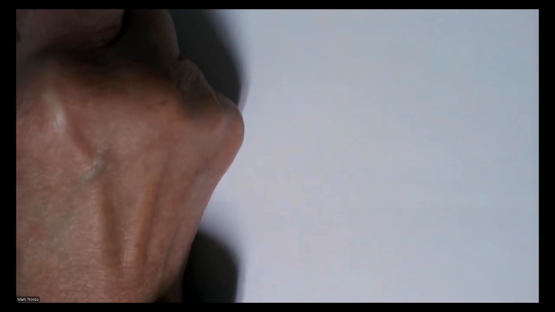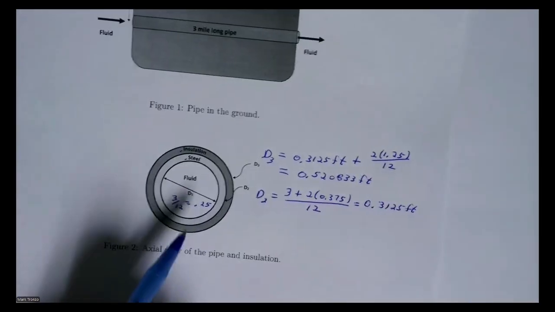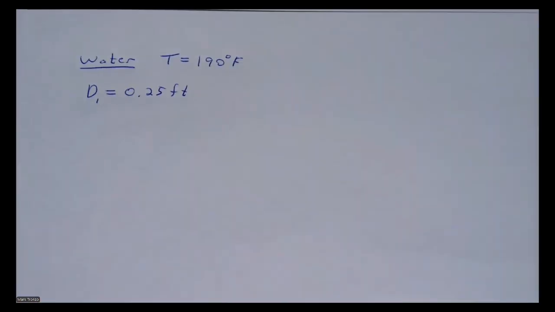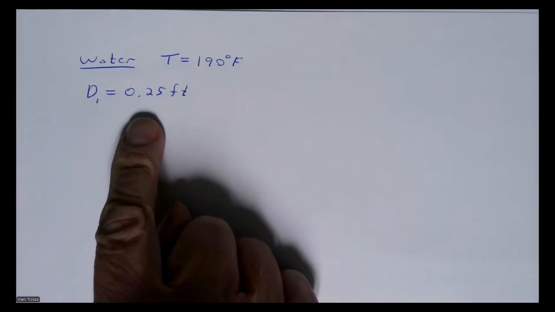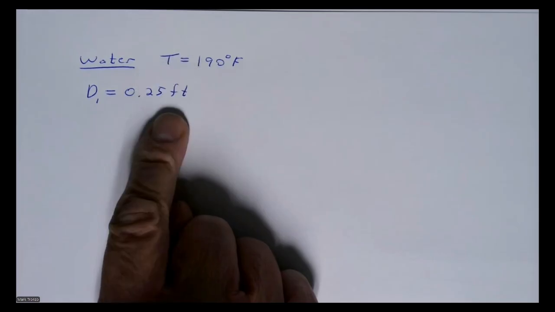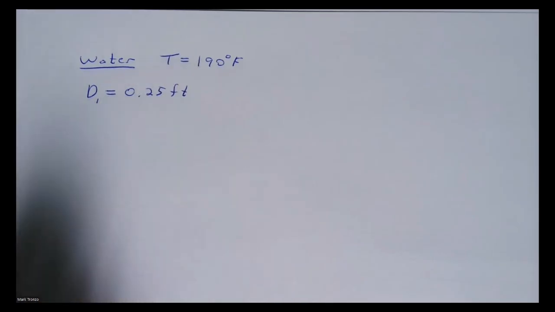I'm going to do this in steps. I'll put together the values, say, for water. The water is flowing through the center of the pipe there. Again, the water is at 190 degrees Fahrenheit, and its inside diameter is 0.25.